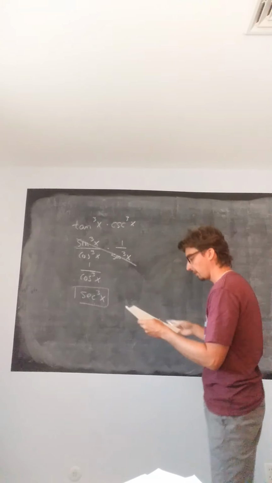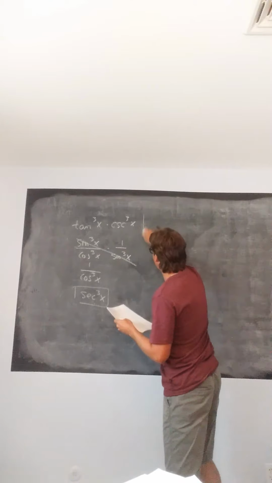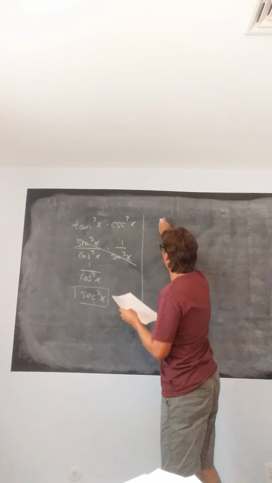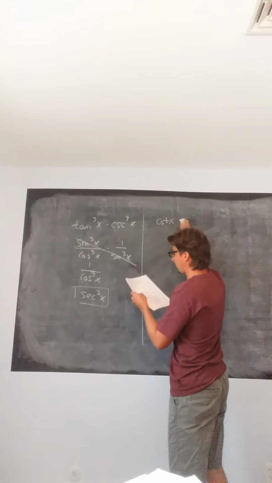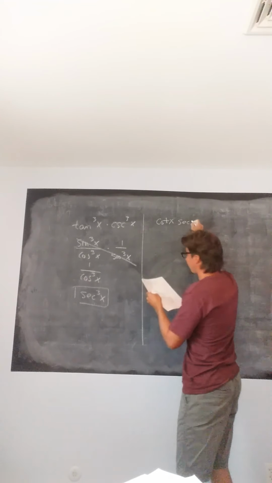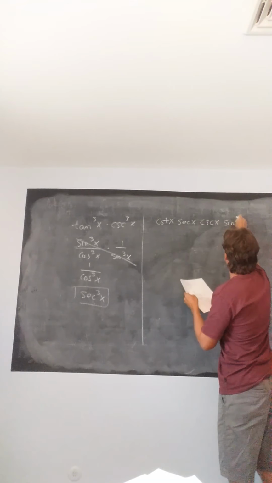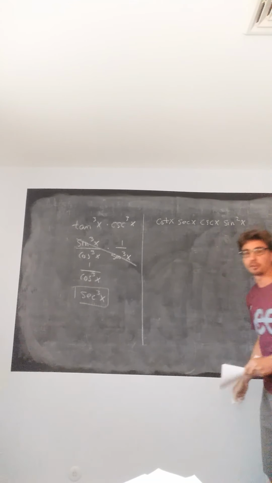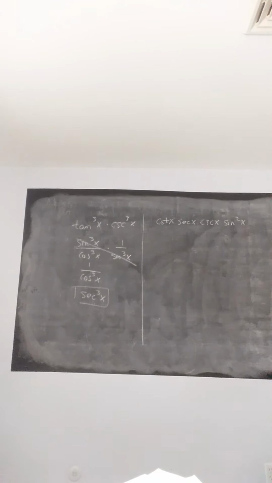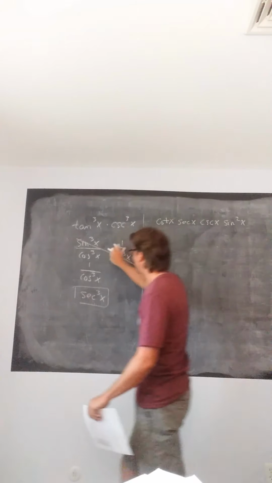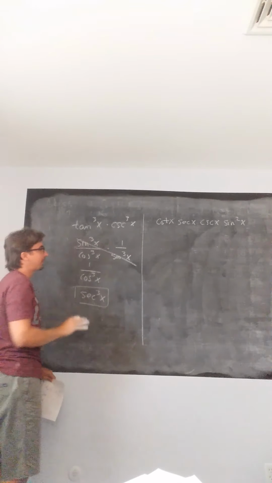Let's look at another one. Say we have cotangent of x times secant of x times cosecant of x times sine squared x. There's a lot going on there, but again, we want to apply the same principle as over here and break these things down.